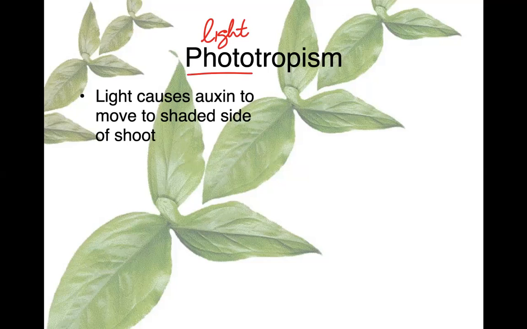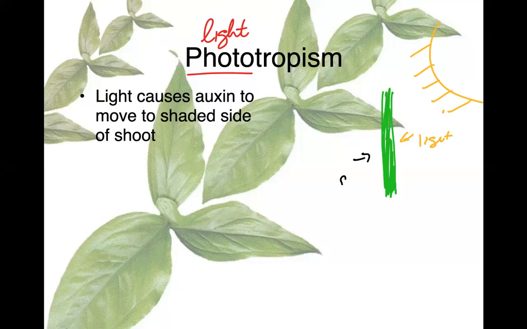Now, how the plant manages to move: the light causes the hormone auxin to move to the shaded side of the shoot. So let me exhibit my extreme, wonderful drawing skills here. Let's say the sun is on that side. So this is the light side and this is the shade side.